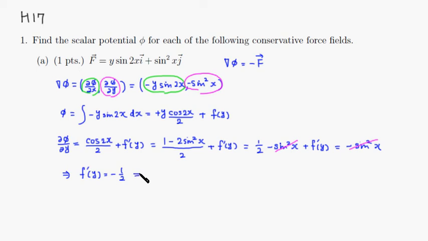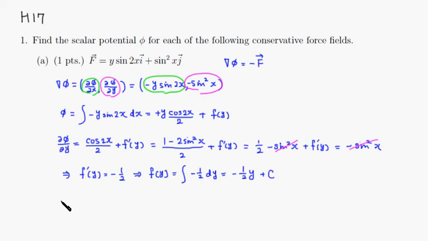Which means that f of y is the antiderivative of negative 1/2 with respect to y, which is negative 1/2 y. And if you want, you can put a plus constant.